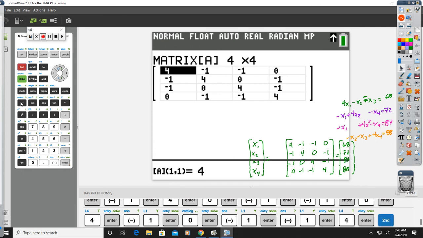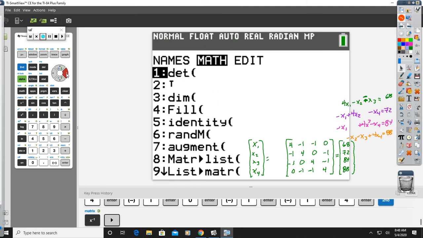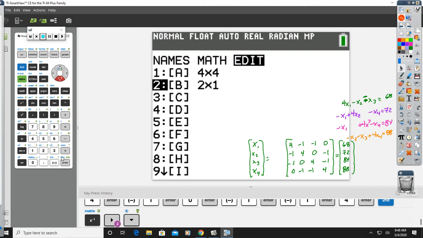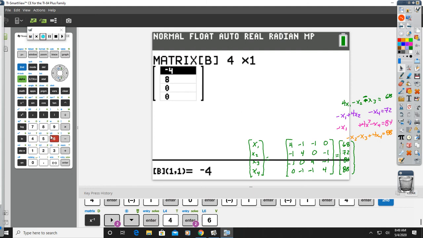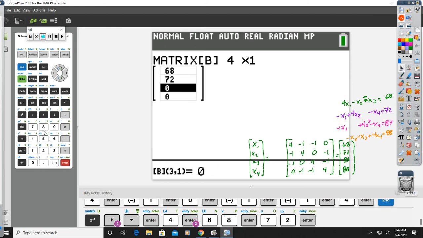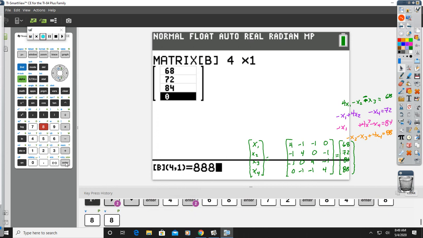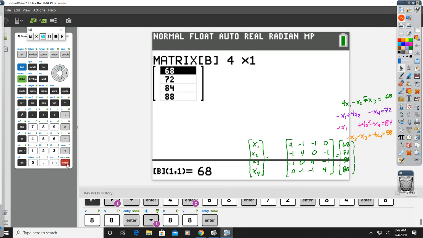And then I'm going to go back into my matrix menu, hit edit, go down to the second one, 4 rows by 1 column. So 68, 72, 84, and 88. There we go.